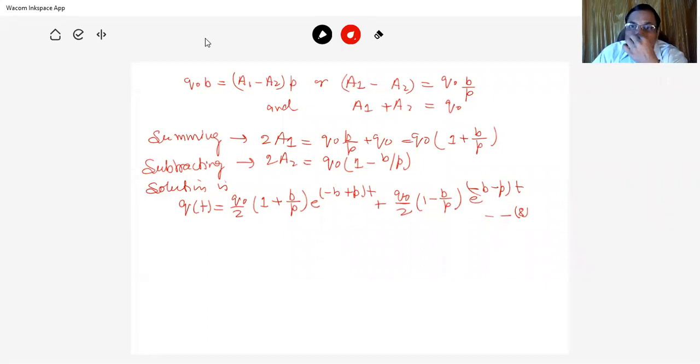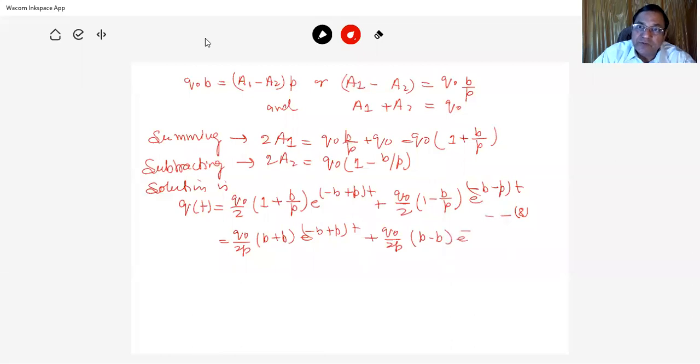It is very interesting कि इसको और थोड़ा सिंप्लीफाई कर दें तो ये हो जाए q0 upon 2p into p plus b e raised to the power minus b plus p t plus q0 by 2p into p minus b e raised to the power minus b minus p of t.